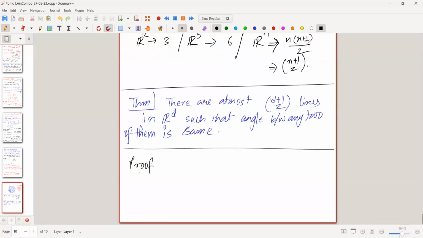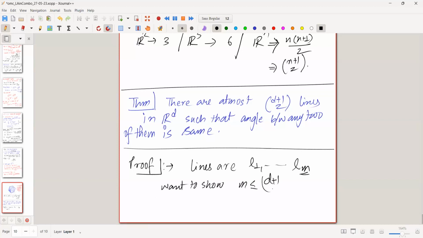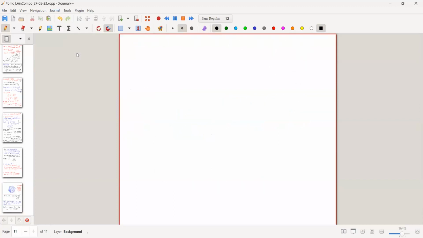So now the proof. Let's say my lines are L1 up till Lm. I want to show m is at most d plus 1 choose 2.